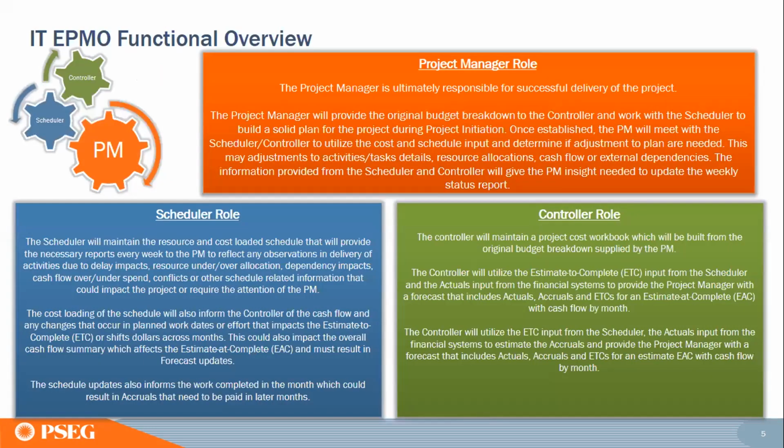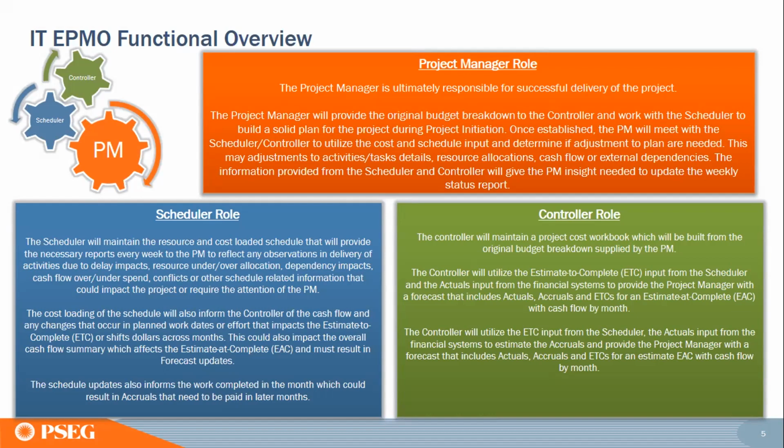Moving on, there are 3 different towers that were created: the project manager, scheduler, and controller. As you can see, these 3 towers interact with each other in order to execute the project in a structured approach. The project manager, as most of you know, takes care of and is accountable for the entire life of a project, from inception all the way to post-deployment.